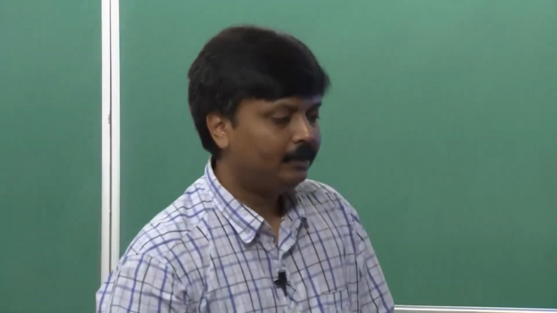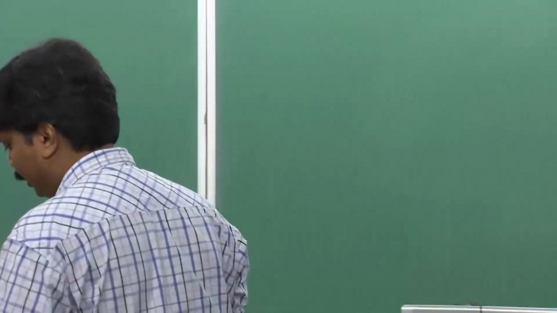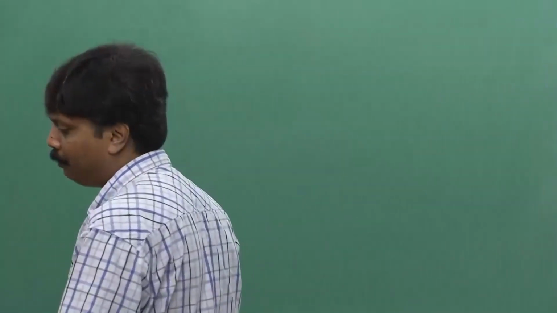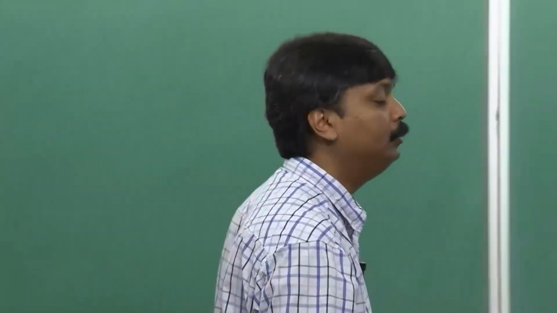Hello, good morning. So today is the second day of this course. In the last class, if you remember, we talked about the symmetry aspect of different objects and different molecules.